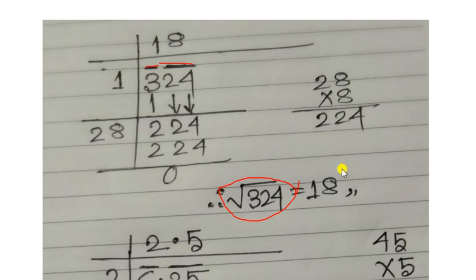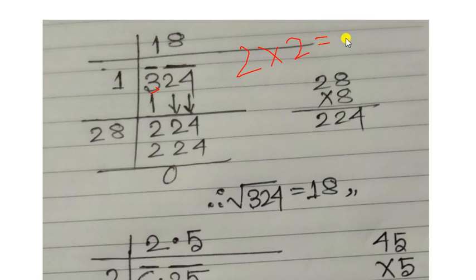Now next step, after giving the bar symbol, we have to choose the largest square number nearest to 3. That means we can take 1 into 1 is 1, but if we take 2 into 2, it will become more than 3. 2 into 2 is 4.